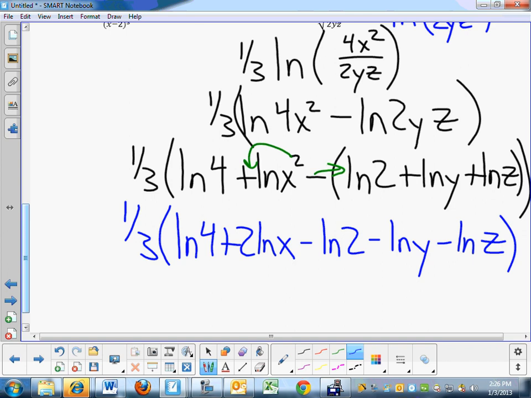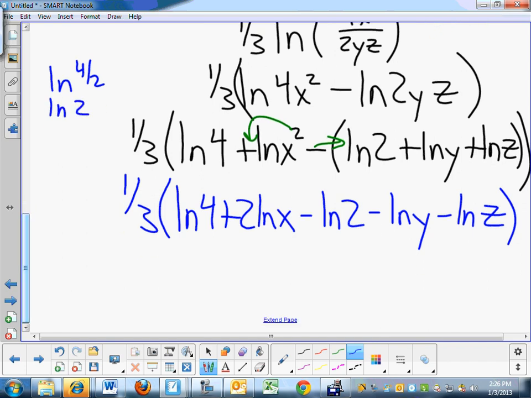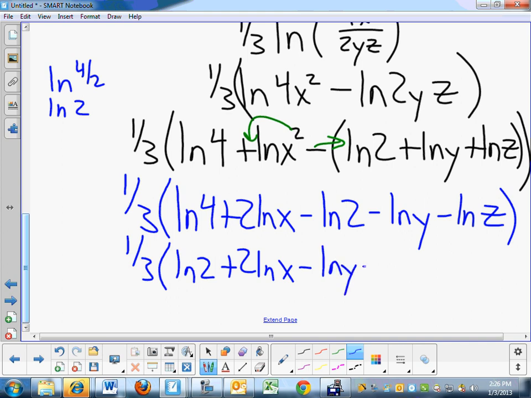What's the natural log of 4 minus the natural log of 2? That's the natural log of 4 divided by 2, right? Which is the natural log of 2. So technically, you should simplify in this situation and just get 1/3 times natural log of 2 plus 2 natural log of x, minus natural log of y minus natural log of z. Technically, that's what you should do.